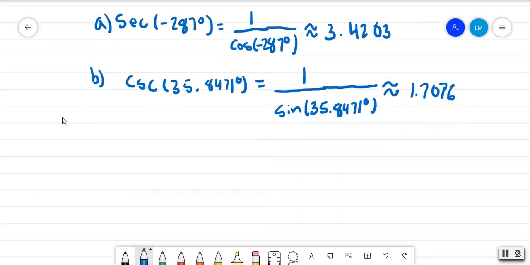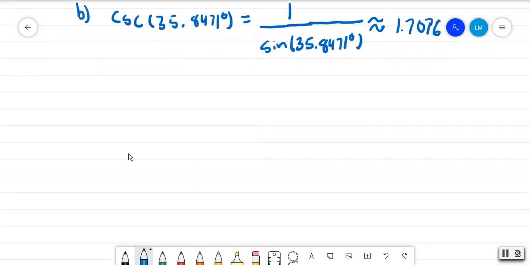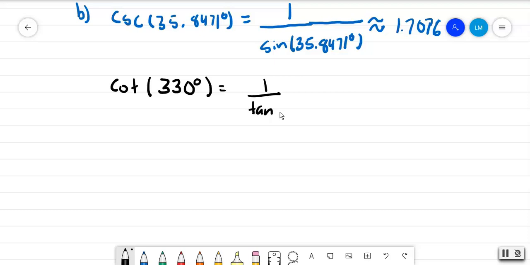Now consider this though. If you needed to find a symbolic answer, so for example, let's say that you had cotangent of 330 degrees. Well, for this one, you have to be careful because we know that this is definitely 1 over tangent of 330 degrees.